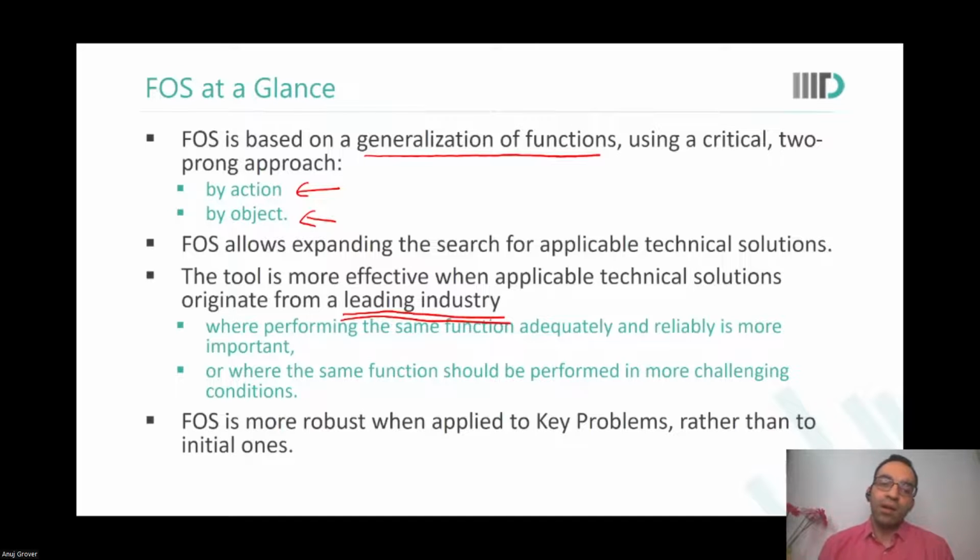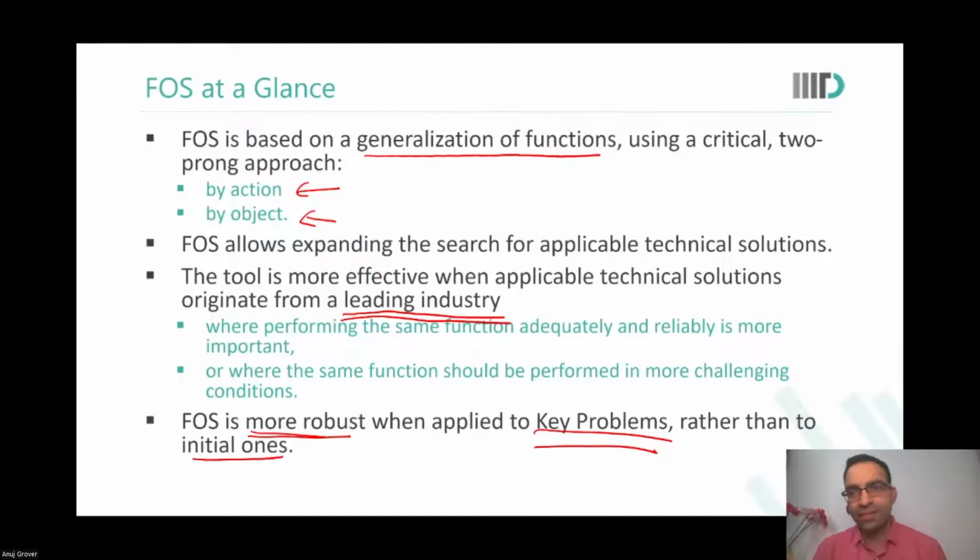And be aware that function-oriented search is definitely much more robust when you apply it to key problems rather than initial ones. So what tool are we talking about over here? Key problems and initial problems. Where did we talk about key problems and initial problems?